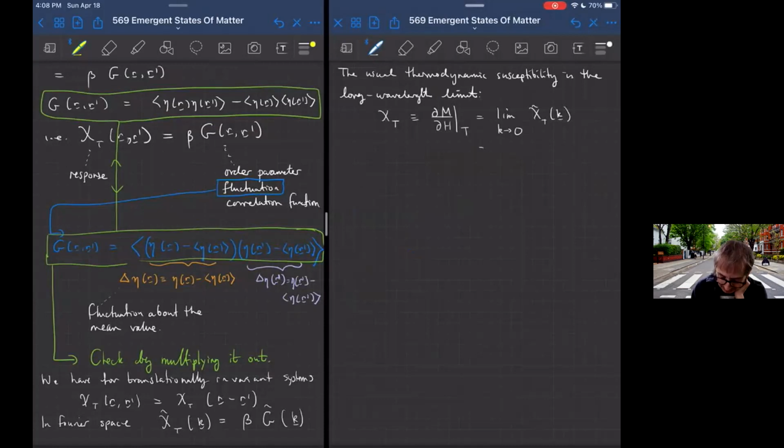And that is just beta times the correlation function in k space evaluated at k equal to 0.